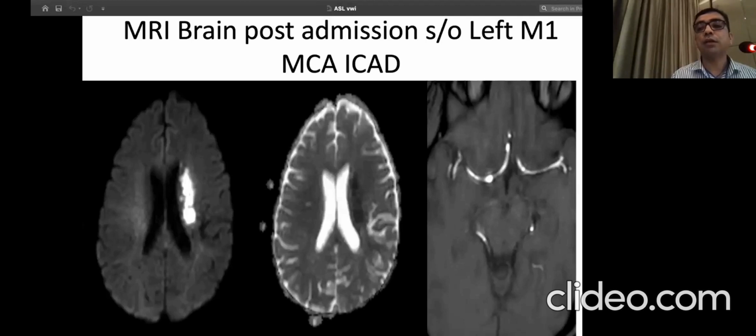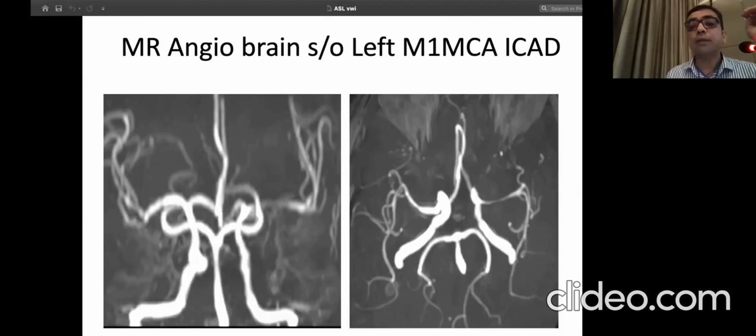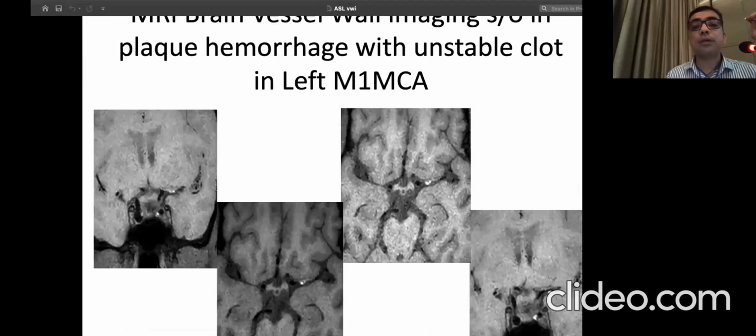We did vessel wall imaging and you can see a T1 hyperintensity there, on non-contrast and contrast, a hanging plaque. It is a plaque that has probably ruptured into the lumen. So we put the patient on aggressive medical management.